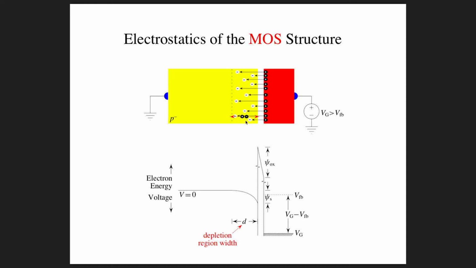This could be by thermal generation, or there could be some sort of photon that comes in here and gives us an electron hole pair by optical generation. And this electric field that exists here is going to be such that the hole is swept into the substrate, and the electron is going to want to go toward the surface. It's going to be attracted to these positive gate charges.